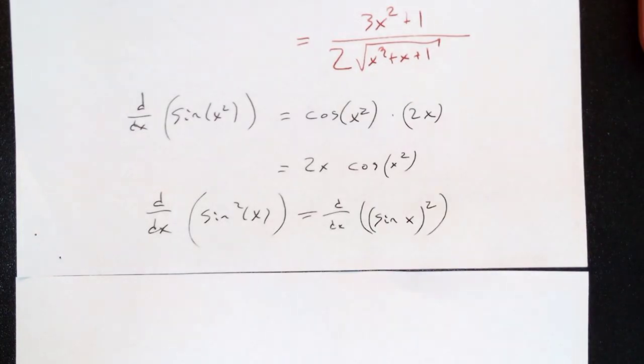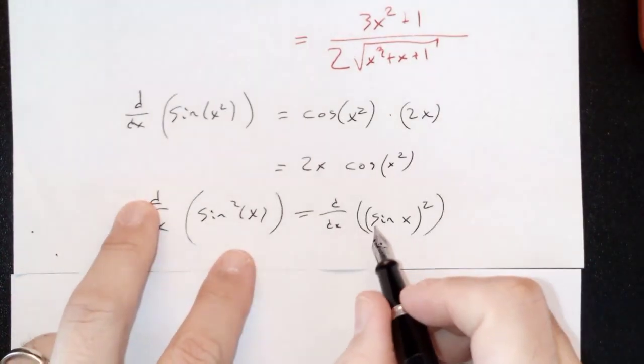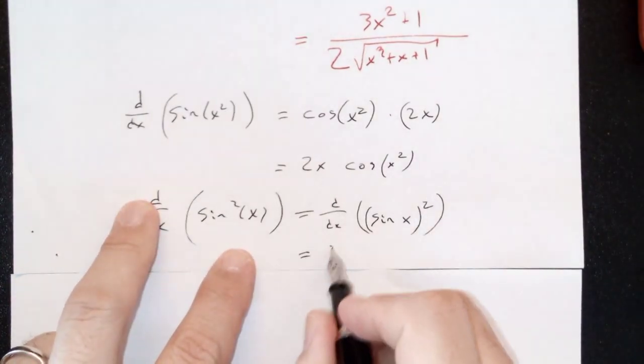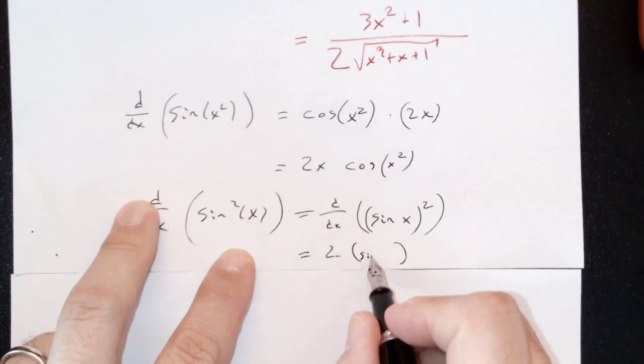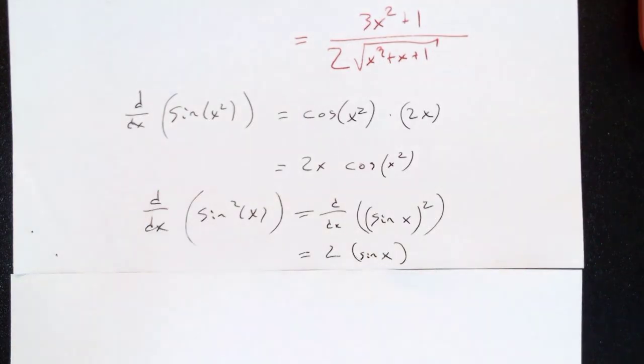Again, sine squared. Sine squared of what? Sine squared of whatever you put there. But the sine is what's being squared, that makes the sine the inside and the square the outside. And that means that the derivative of thing squared is 2 times thing. But wait, derivative of sine.